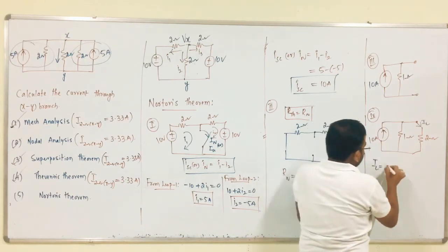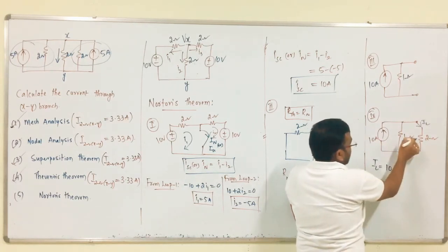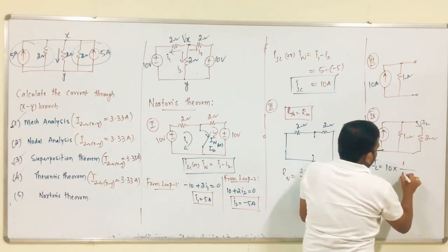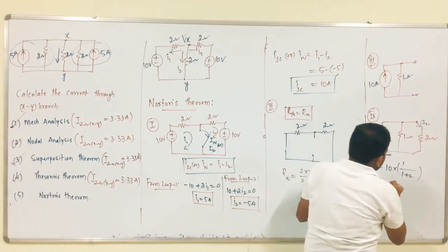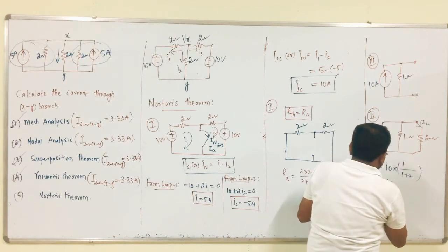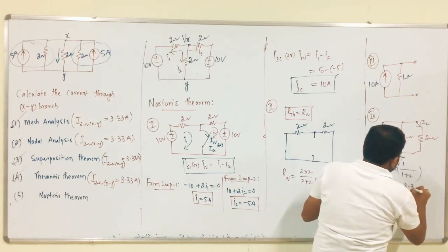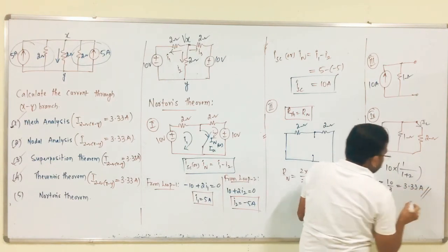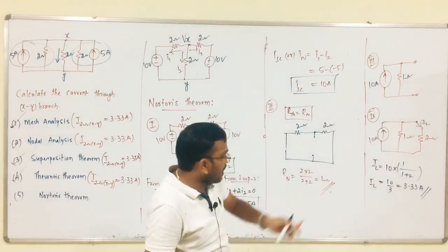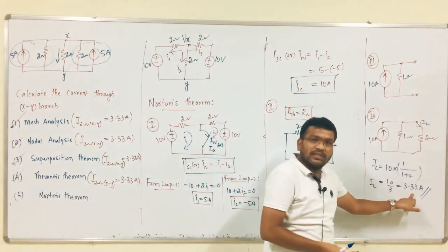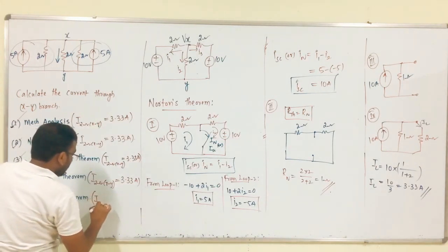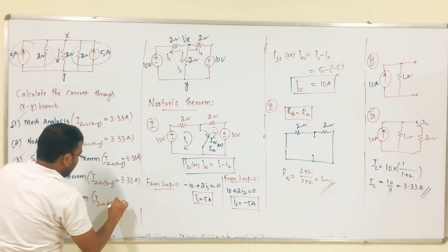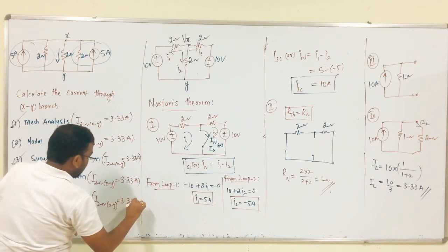The total current in the circuit is 10 amps, opposite branch resistance by total resistance, 10 into 1 by 2 plus 1, which is equal to 10 by 3, IL equals 3.33 amps. Finally, in this also we have 3.33 amps.